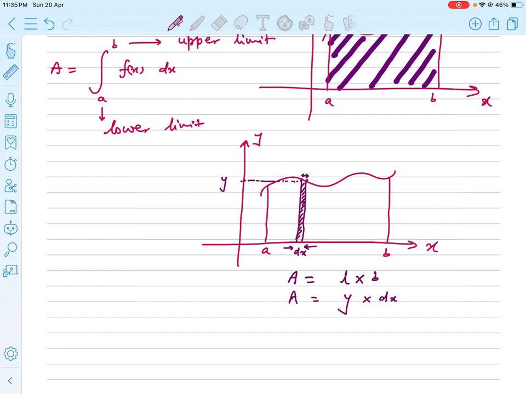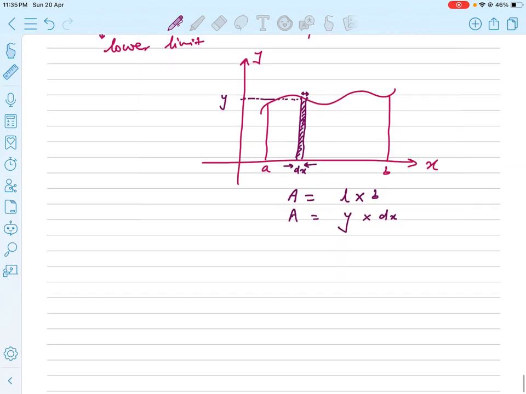If there were a finite number, then I could have written the summation of y dx of all such strips. Say there were 100 strips. I could have straight away written i equal to 1 till 100, so 100 times the strip's area would have been added. But in this particular case, since the differential width of the strip is so small, it is negligible.